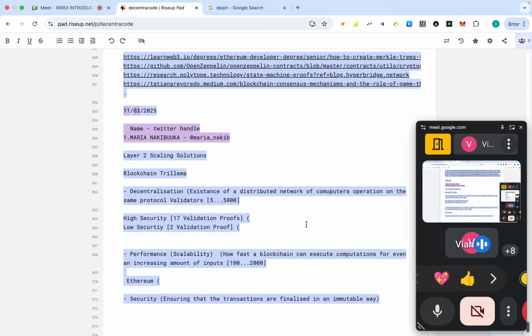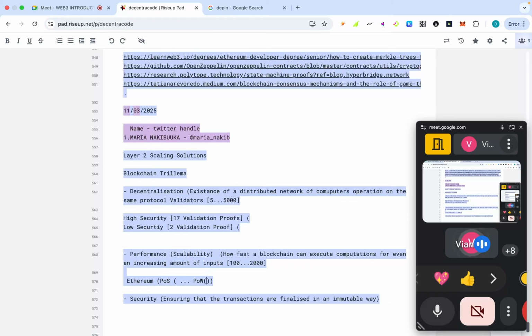Now for Ethereum, the consensus mechanism is proof of stake, and it is theoretically faster than proof of work. That means it can deliver more transactions on chain in a second than proof of work.